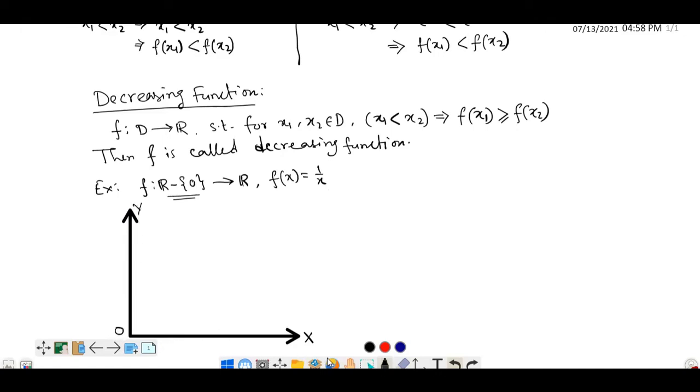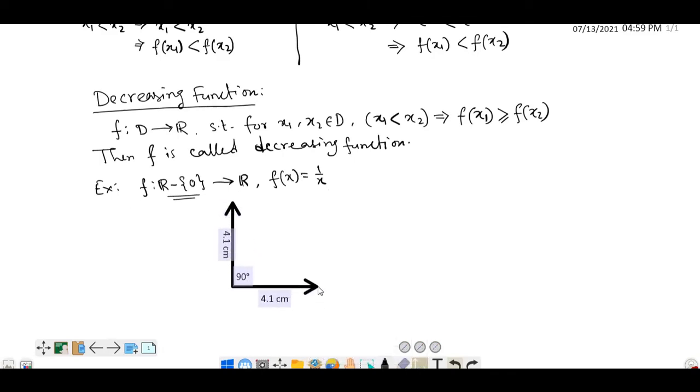Okay, let me take the whole two-dimensional plane like this.